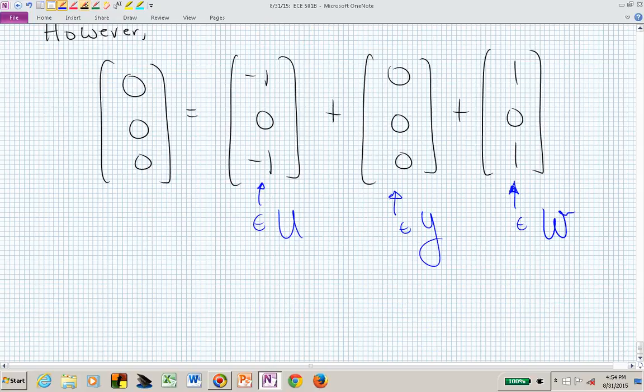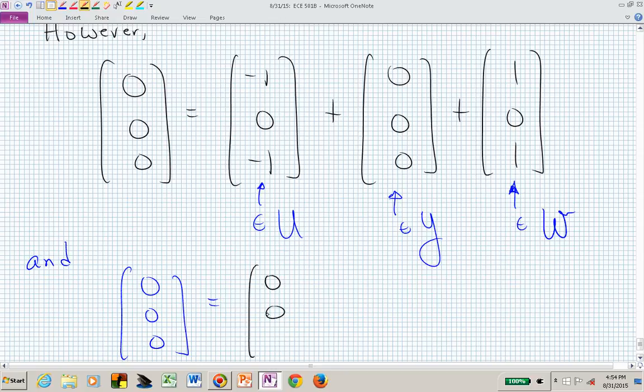But I can also create that 0 vector, 0, 0, 0. That vector is also in U. This vector is again in Y, like it was upstairs.